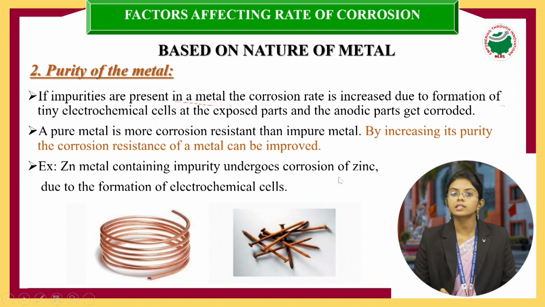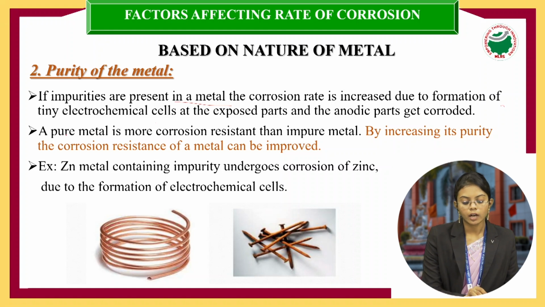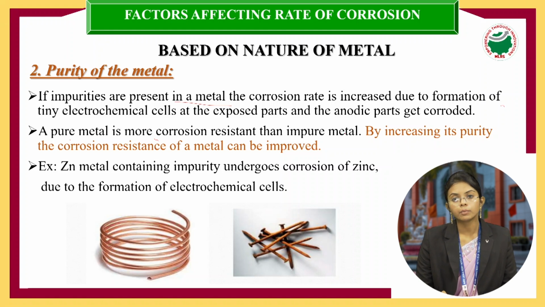So if a metal has some impurities, it gets corroded easily, and you can see the rate of corrosion is increased in those types of metals. A pure metal is more corrosion resistant than an impure metal. So we have to maintain our metal in a pure condition so that it does not corrode. If our metal is impure, the rate of corrosion is high.